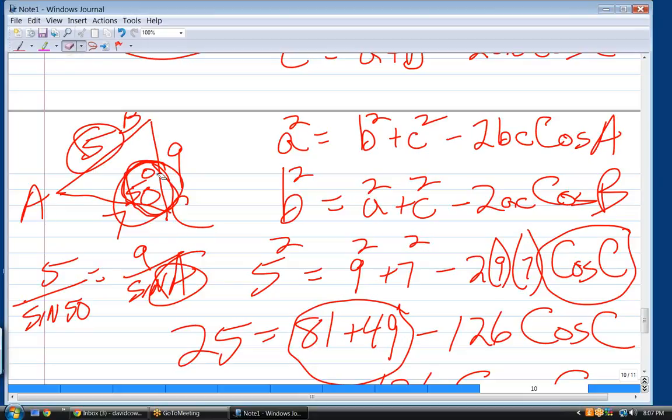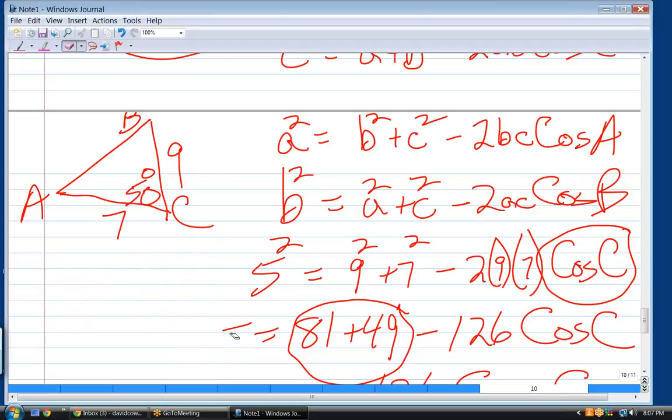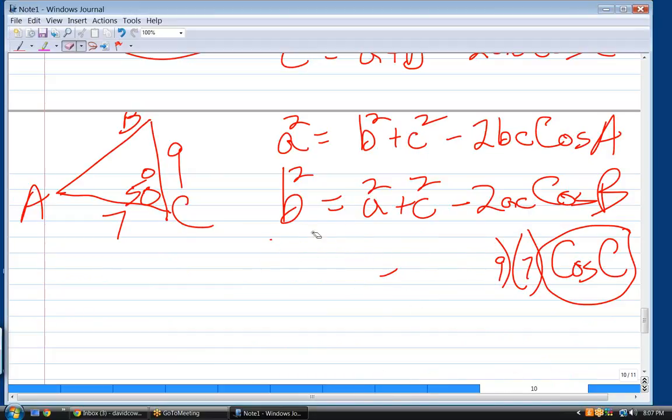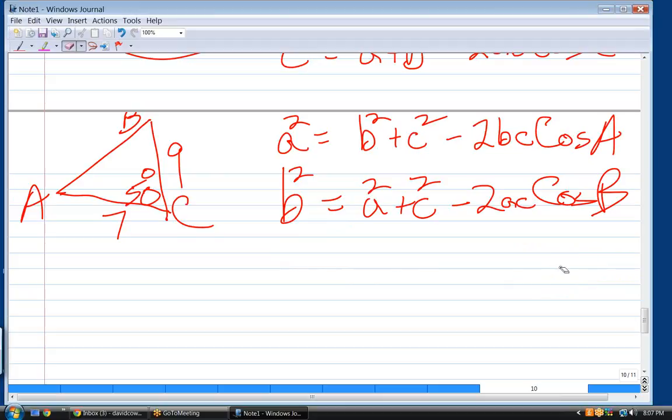Let me change the problem slightly. Now I'm giving you 3 pieces of information, but it's side, angle, side. So again, I cannot begin by using the law of sines. You can't use the law of sines until you have at least one fixed relationship.